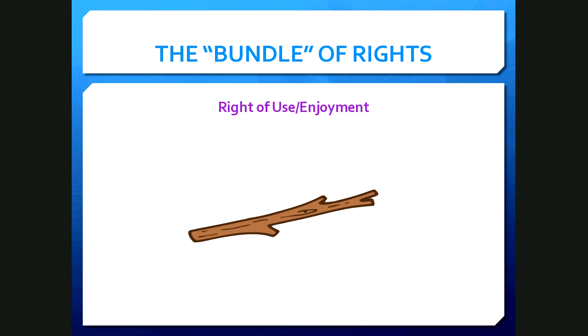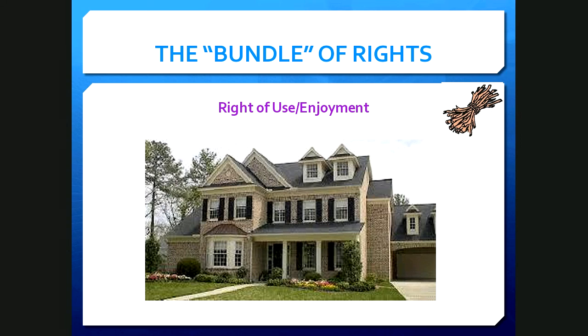So the next right is a right of use and enjoyment. This is the right to use your property or permit others to use your property in any lawful manner. So if you want to use your property for a single family home, you can do that.